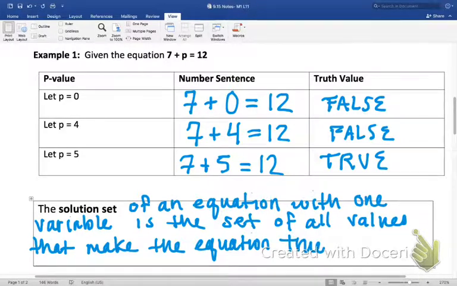And we call these values, the values are called the solutions to the equation.